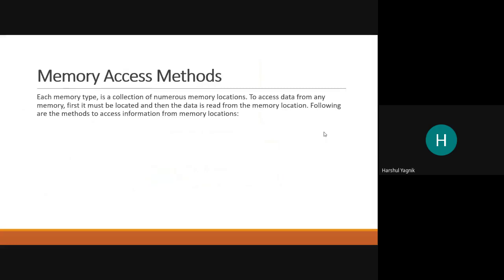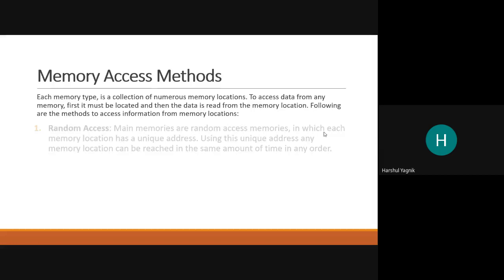Now let us see memory access methods. Each memory type is a collection of numerous memory locations. And to access the data from any memory, first it must be located and then the data is read from the memory location. So following are the methods of accessing information.